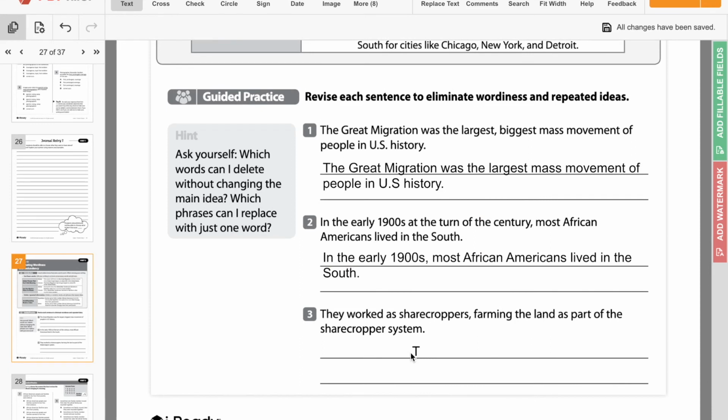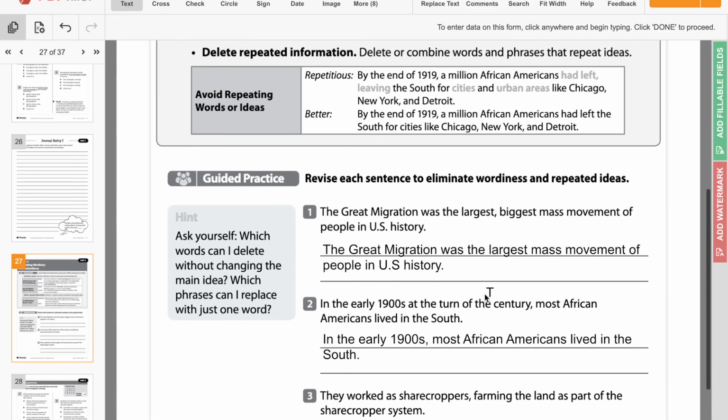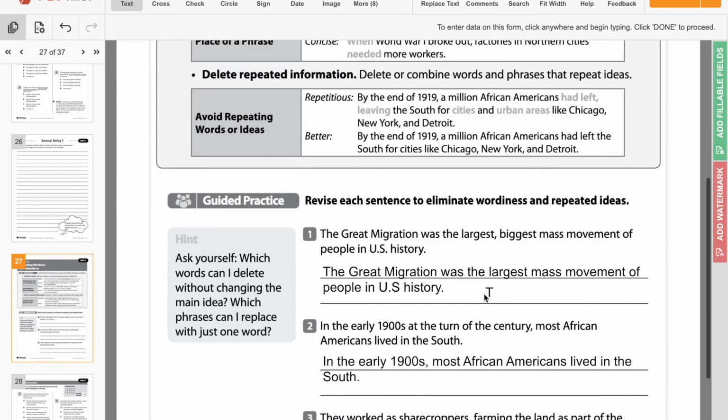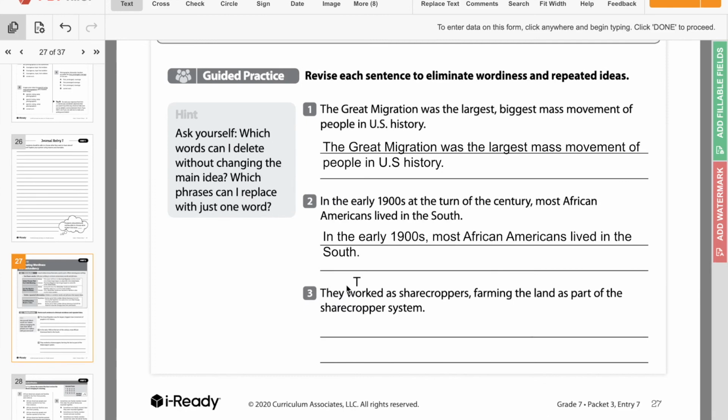Last one: "because they worked as sharecroppers, farming the land as part of the sharecropper system." So here, it's kind of a case of both redundancy and wordiness, right? Because we see "they worked as sharecroppers farming the land as part of the sharecropper system." Well, if they're sharecroppers, we already know that they're part of the sharecropper system.